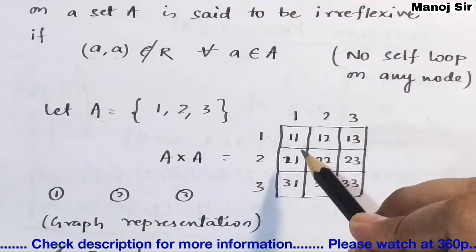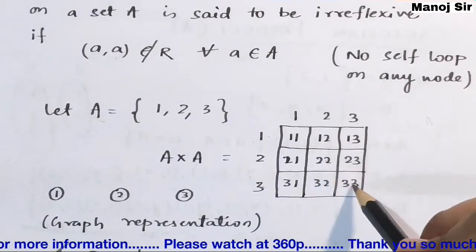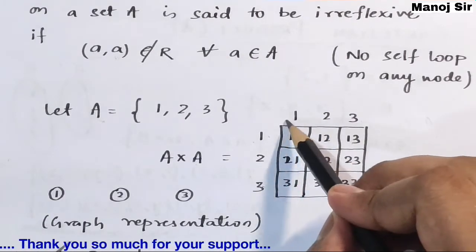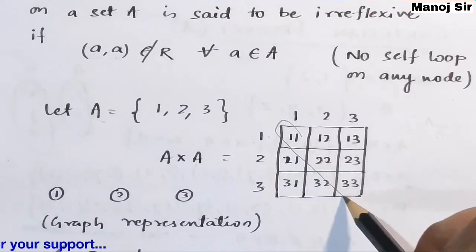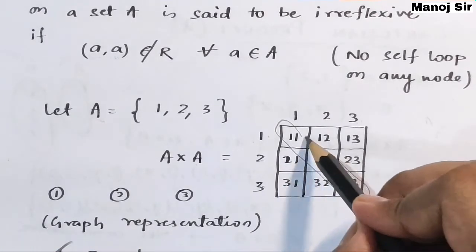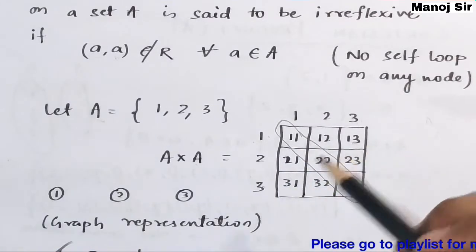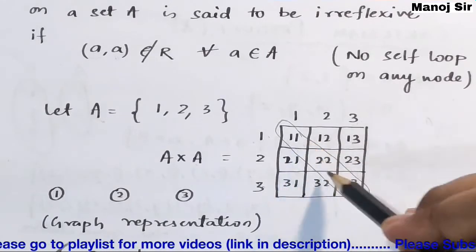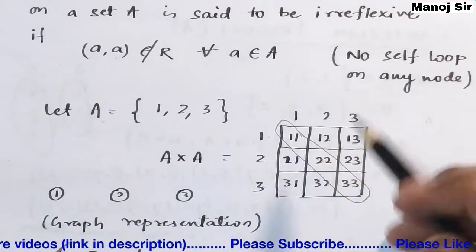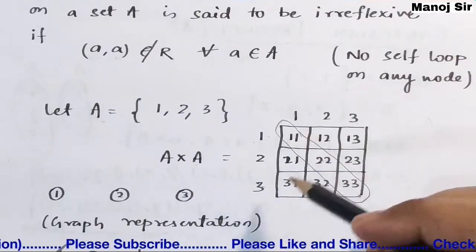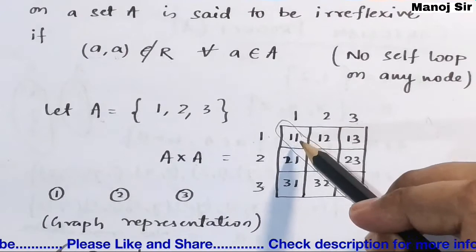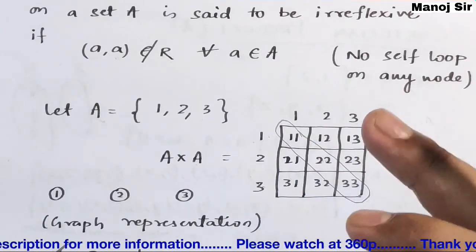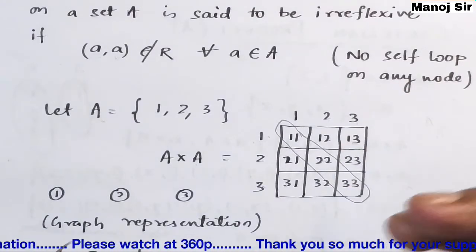Now if you see (1, 1), (2, 2), (3, 3), these three pairs are my reflexive pairs. If any relation contains any of these reflexive pairs, then that relation is not an irreflexive relation.